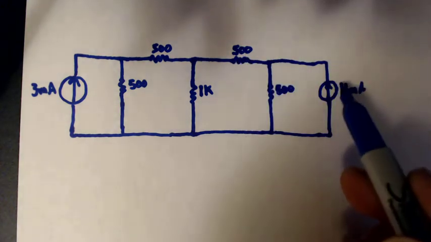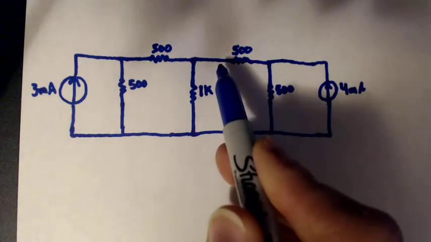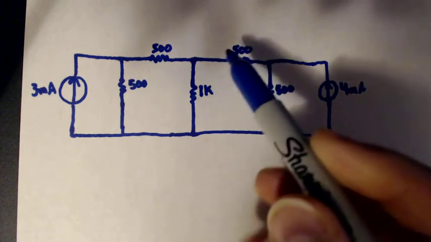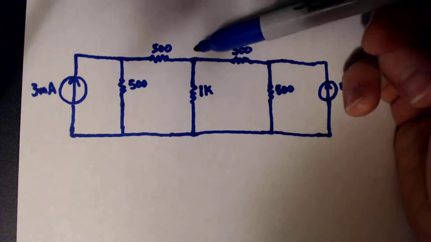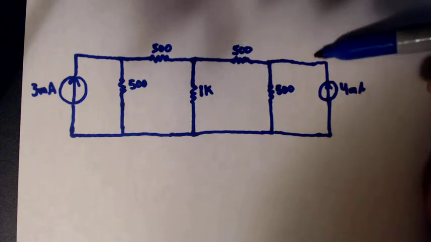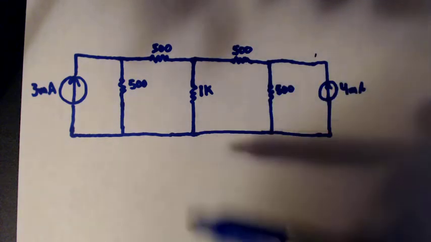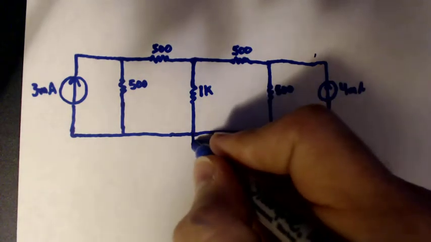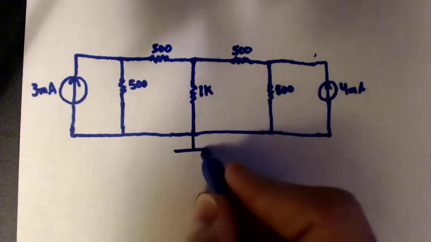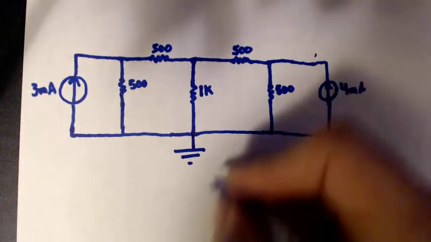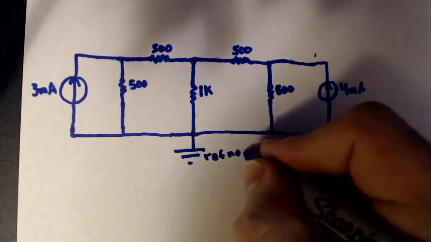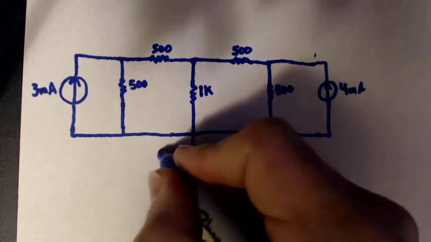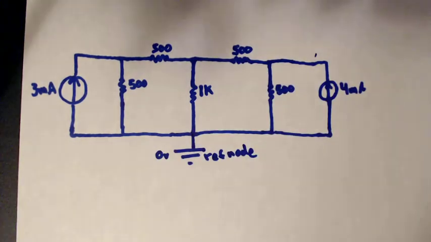So I'm going to pick a point that makes sense to call 0 volts. It doesn't quite make sense to say that this is 0 volts or this is 0 volts up here. But over here, this looks like a good spot to assign our reference node. So I'll label that as reference node, in other words, 0 volts.